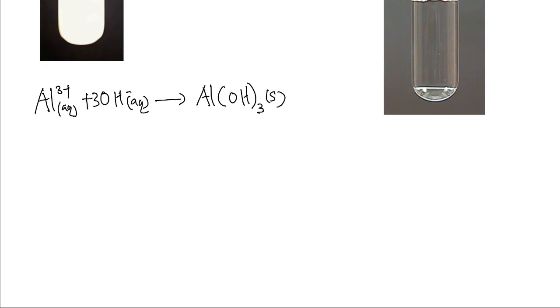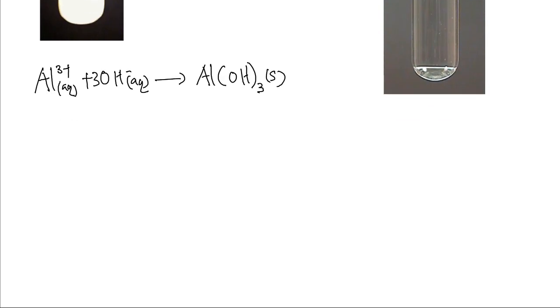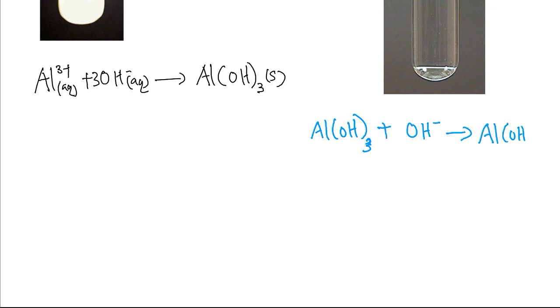Then this aluminium hydroxide will react with the extra hydroxyl ion to form a complex. And this is the complex that we get from that given reaction. So this is a colorless solution.